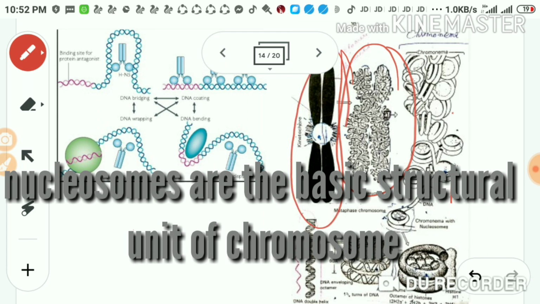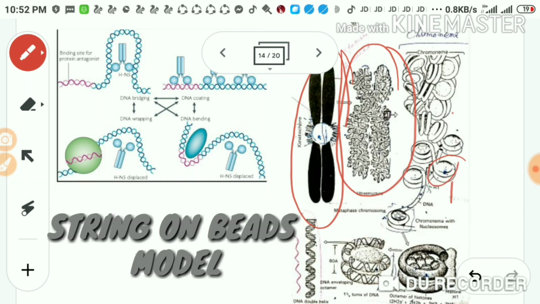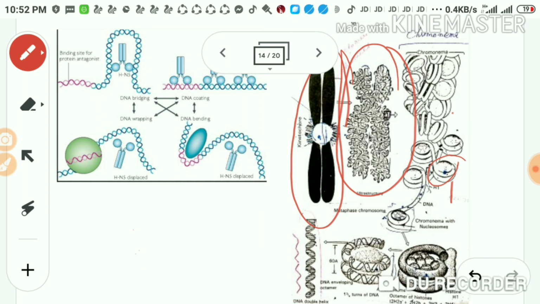Therefore, nucleosomes are the basic structural unit of the chromosome. This model is known as the string on beads model. Got it? String on beads model. This is present in eukaryotic higher organisms, and these points are very important from the entrance exam point of view.